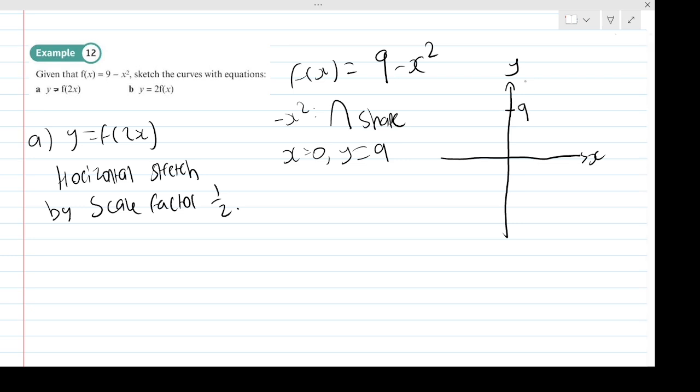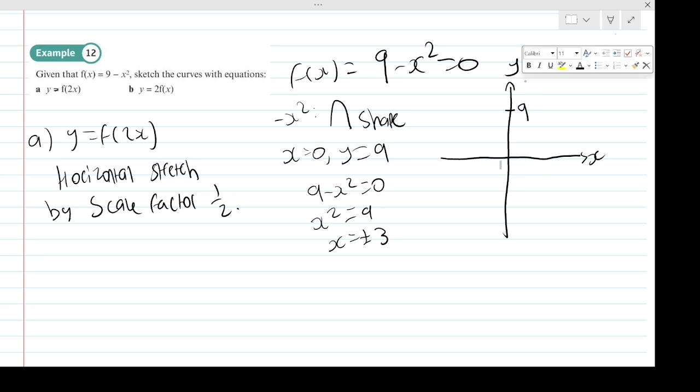Then we need our roots, so that's when you set f of x equal to 0. That means 9 minus x squared is equal to 0, so x squared is 9. So x is plus or minus root 9, which is 3. Therefore our two roots are going to be here and here. Then we can plot the quadratic. It's going to look like this.